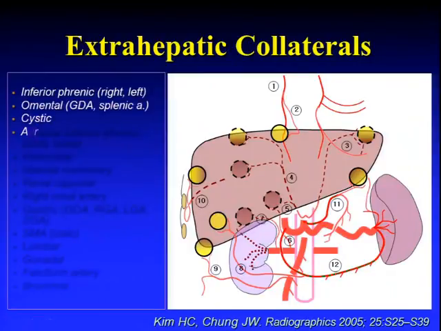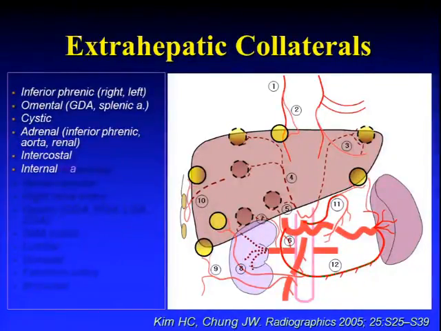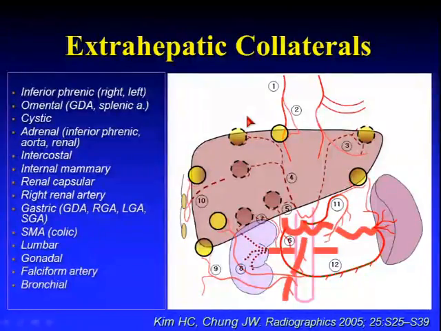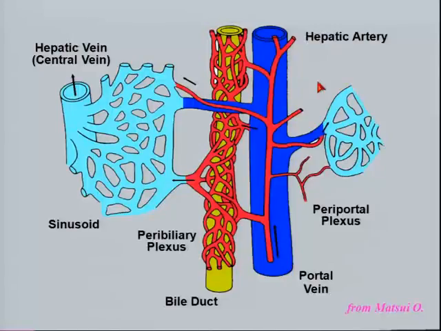In addition to hepatic blood supply, larger tumors, especially in the subcapsular and exophytic growth, have a higher chance of extrahepatic collateral supply. There are many sources of extrahepatic supply. So for complete chemoembolization, it is very important to find out extrahepatic collateral supply and treat these collaterals super selectively.